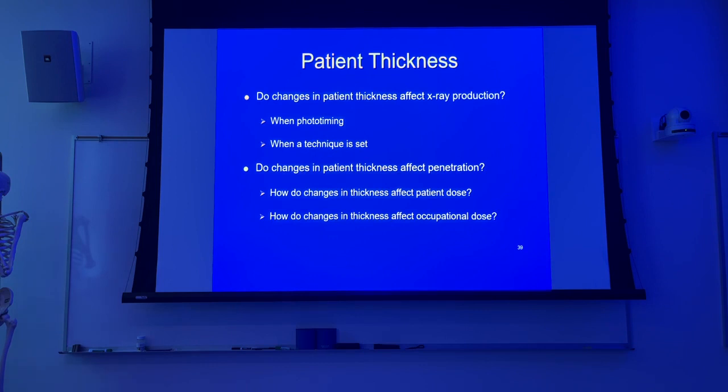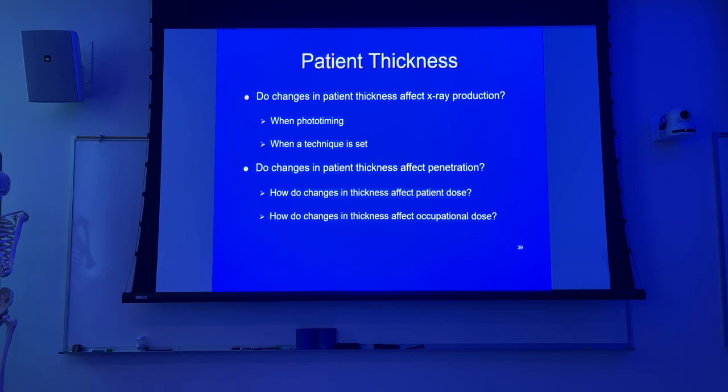So then we talk about patient thickness. I went through the registry review book questions that I see on the regular for this. As patient thickness increases, our X-ray tube doesn't automatically magically shoot with more photons, but whenever we phototime, it does.